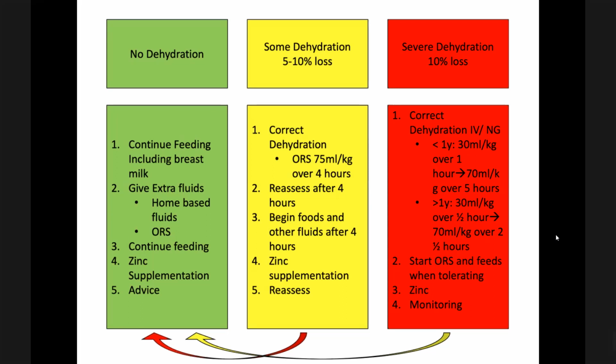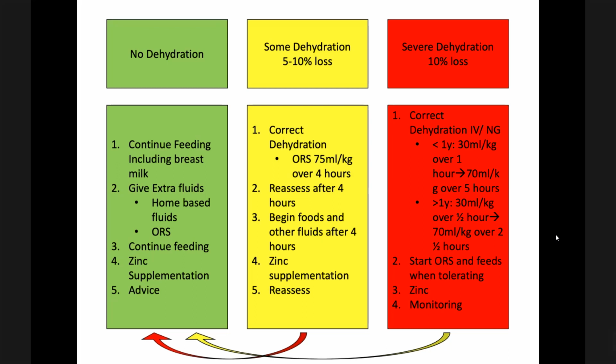If there's some dehydration, I said the patient has lost 5 to 10% of the weight. There is a formula where you can convert the percentage to an actual volume of fluid. Now, 1% is equal to 10 milliliters per kg. That is why you might remember in dengue fluid management, we say 5% dehydration correction, that is 5 into 10 is 50 ml per kg.